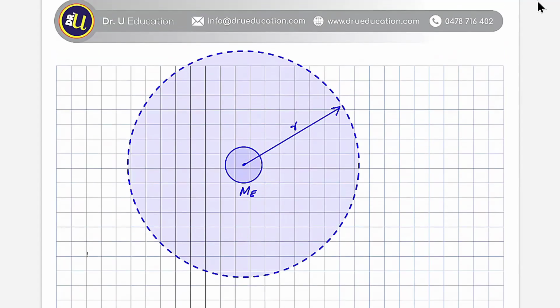We are going to have a mass here, m equal to 1 kilogram. Another mass here, m equal to m.